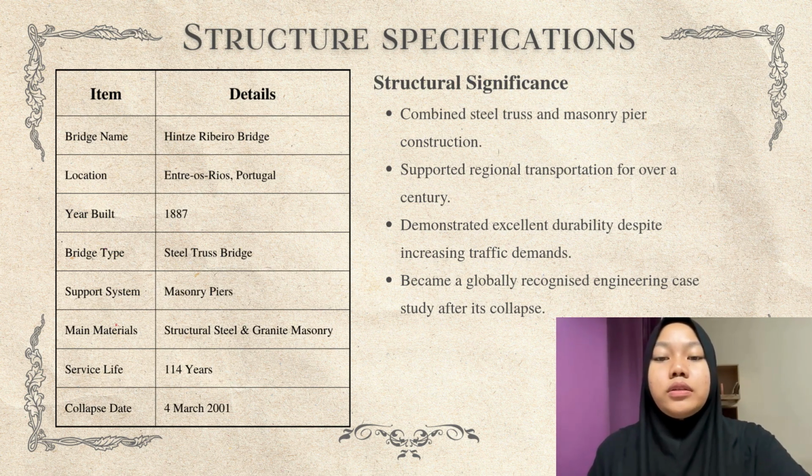The bridge served the community for approximately 114 years and played an important role in regional transportation by connecting nearby municipalities. From an engineering perspective, the bridge demonstrated the durability of steel truss construction and masonry pier support systems.